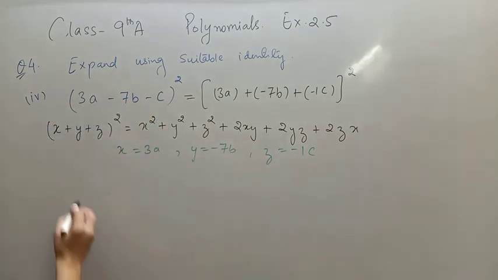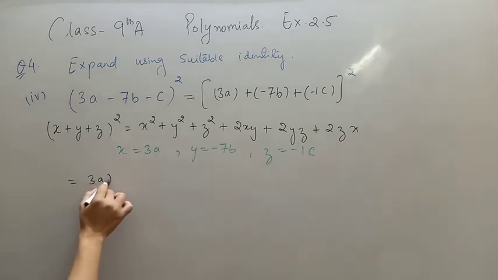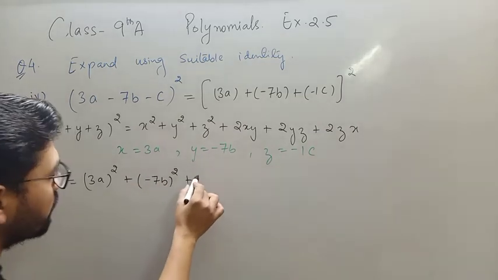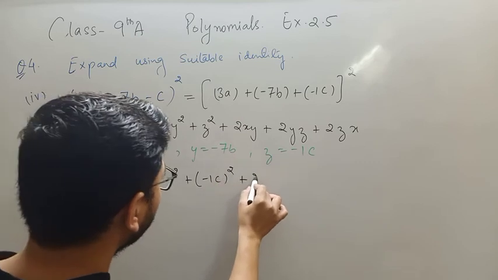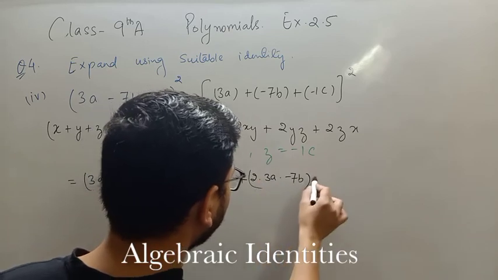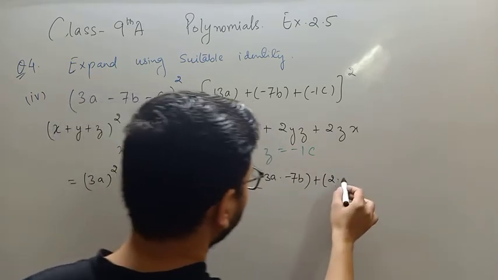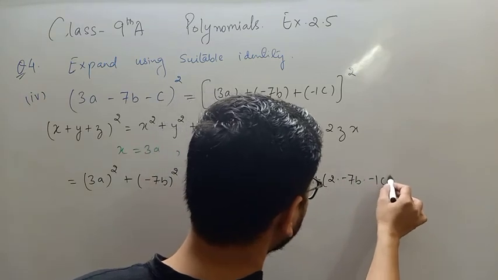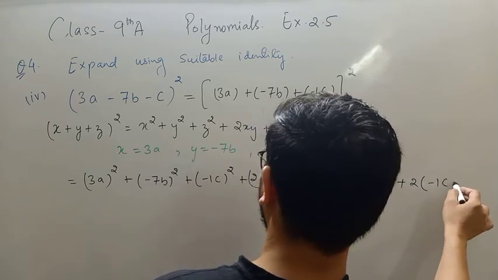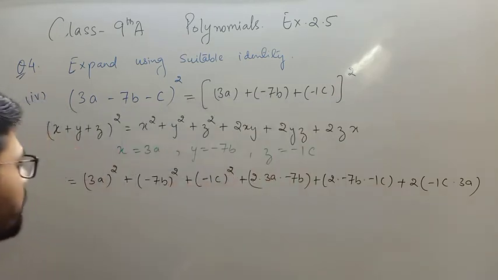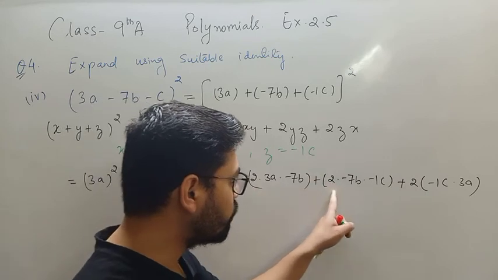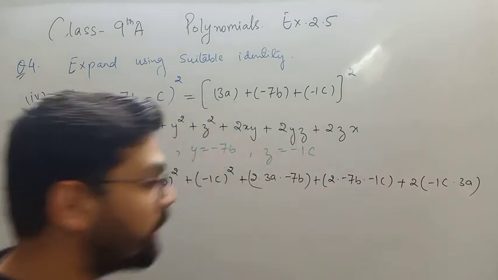So your answer is (3a) whole square plus (minus 7b) whole square plus (minus 1c) whole square plus 2 into 3a into minus 7b plus 2 into minus 7b into minus 1c plus 2 into minus 1c into 3a. x square plus y square plus z square plus 2xy plus 2yz plus 2zx, sorry.